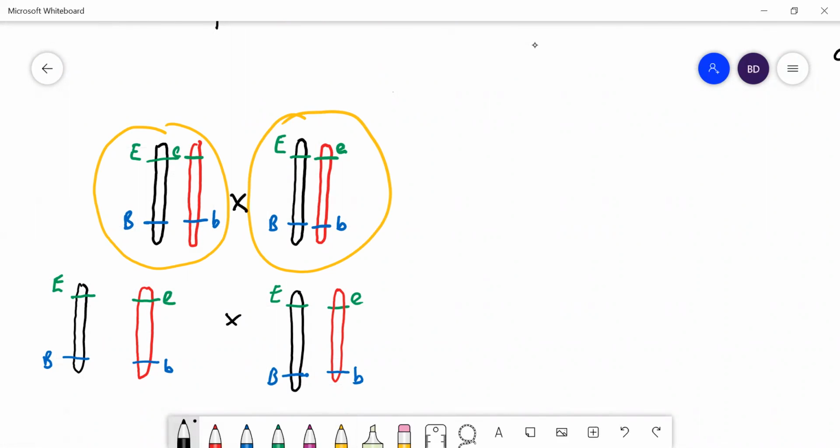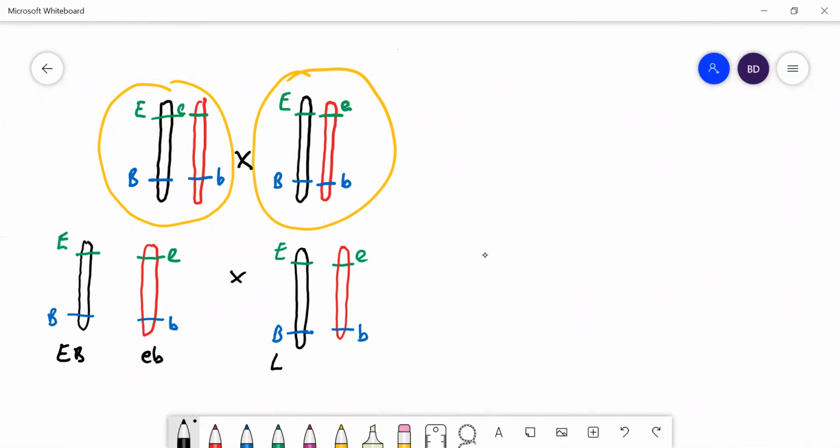Let's have a look at the gametes that they can produce. That would be like this, that would be like that, and that would be like that. You may have noticed there's no possibility of, for example, that one, and there's no possibility of having that one.